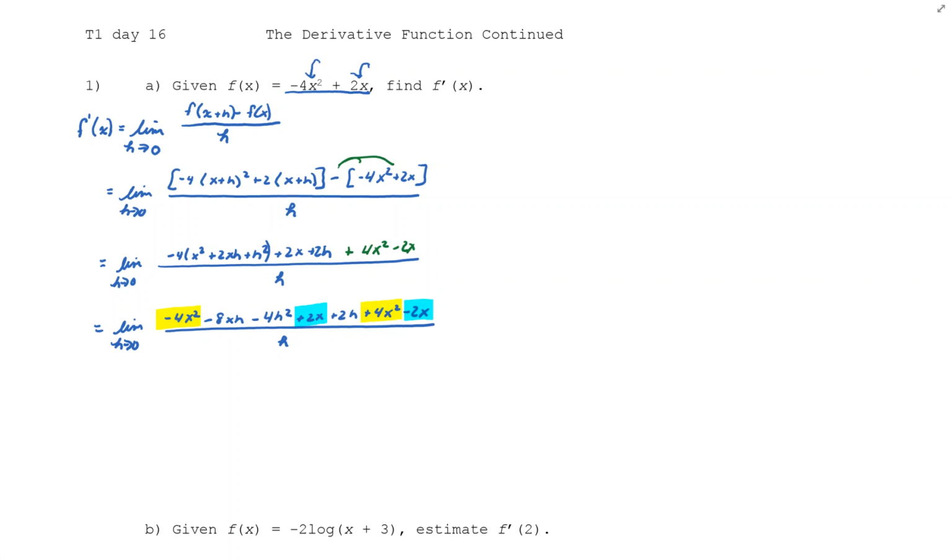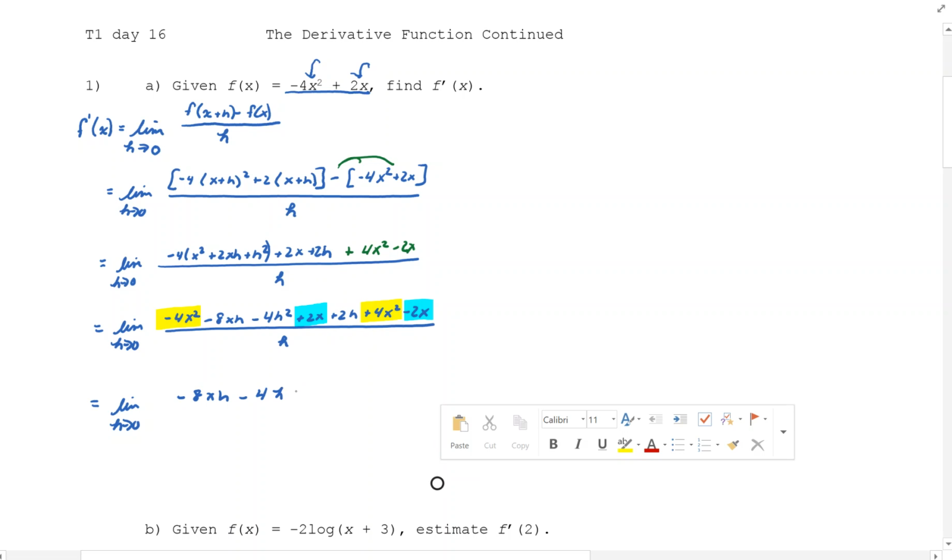So when I combine my like terms, I've got the limit as h goes to 0 of negative 8xh minus 4h squared plus 2h, all over h.